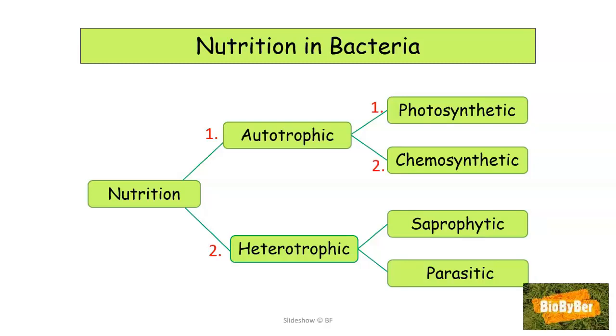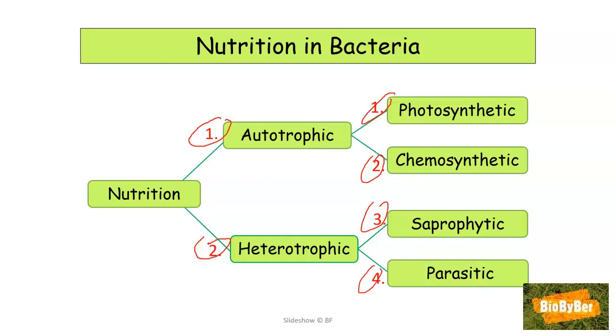And heterotrophic nutrition is subdivided into two types, saprophytic nutrition and parasitic nutrition. So, depending on how you look at it, there are two types of nutrition in bacteria, or four types of nutrition shown by bacteria.